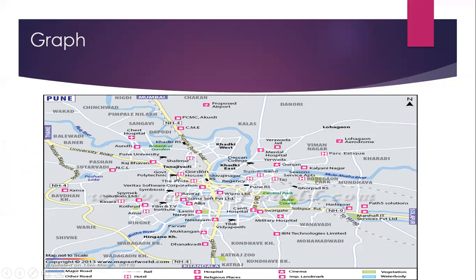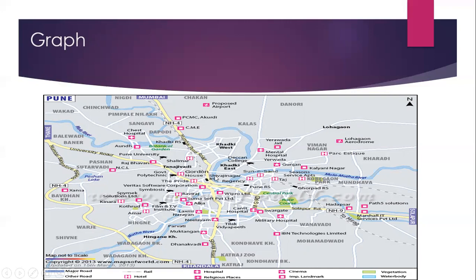Okay, so for example, if we take Google Maps, we find some location, and to reach that particular location, it gives you the shortest path. Actually, there are various paths to reach the location. For example, I am at Shivaji Nagar and I want to come to Dhankaudi.